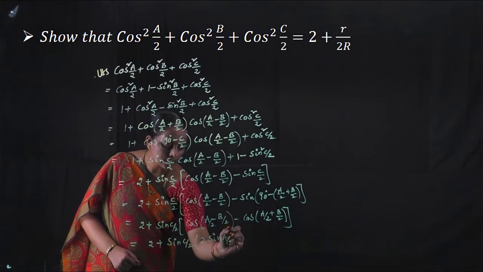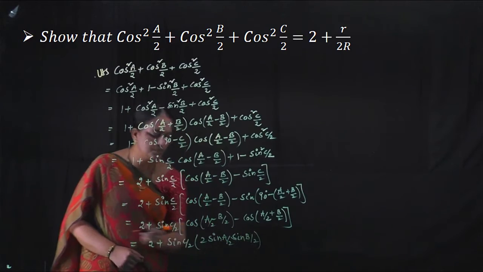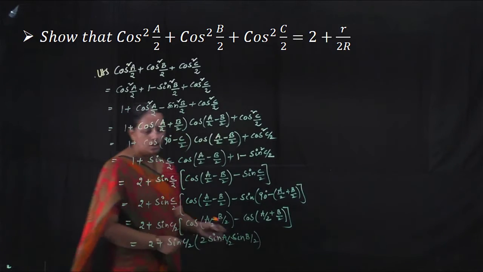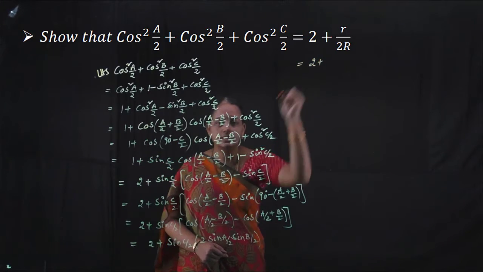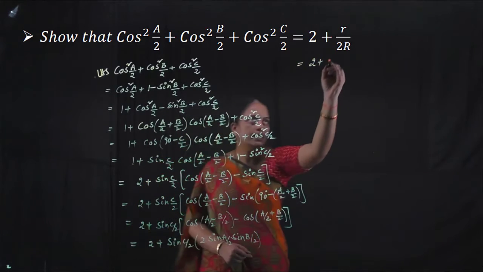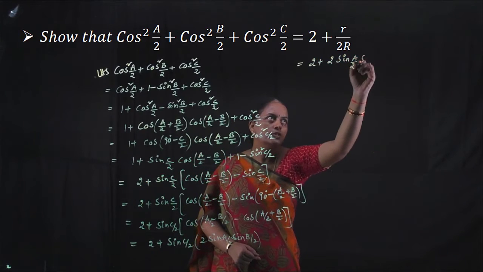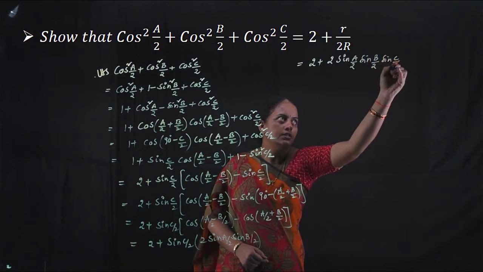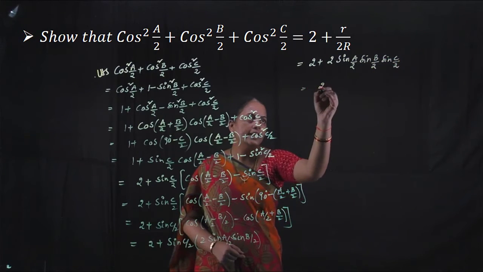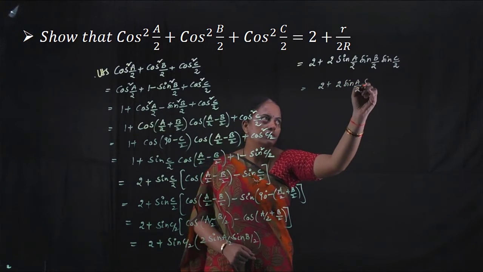Remember it: cos of A minus B minus cos of A plus B means 2 sin A sin B. This is equal to 2 plus 2 sin A by 2 sin B by 2 sin C by 2.